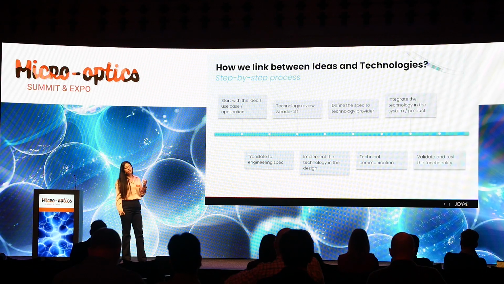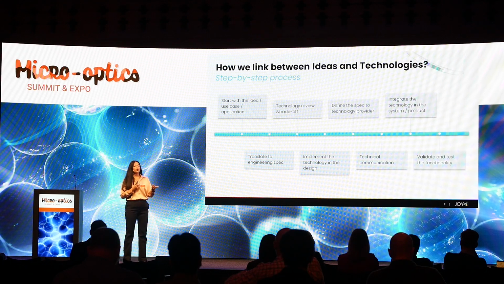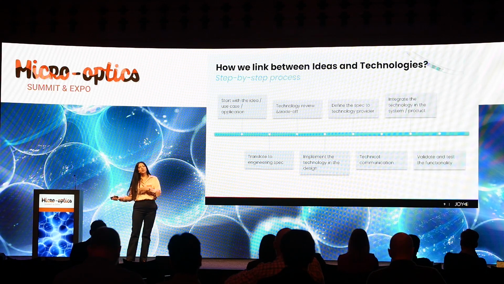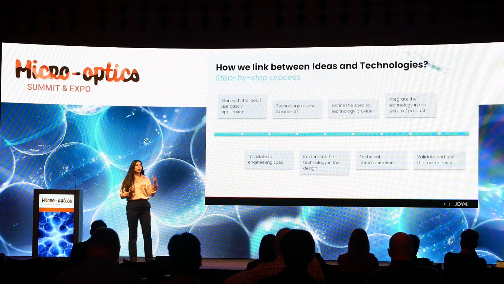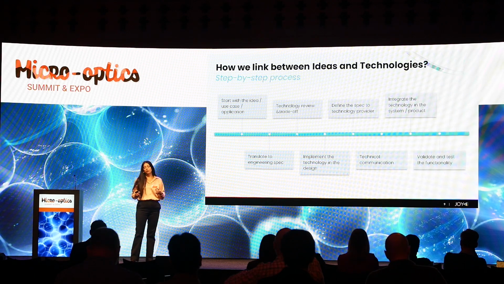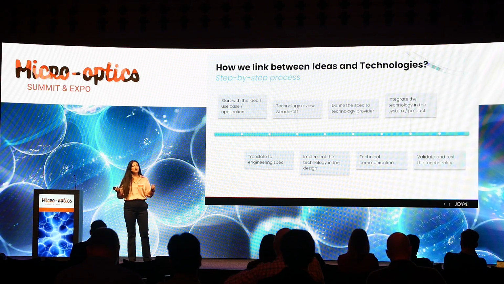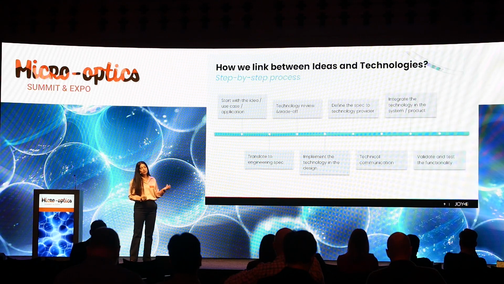This link has to be maintained through the whole project, because technologies grow and sometimes disappear, sometimes new technologies evolve, and from the R&D phase they go to a more mature state and become available, and we want to use them for our customers.